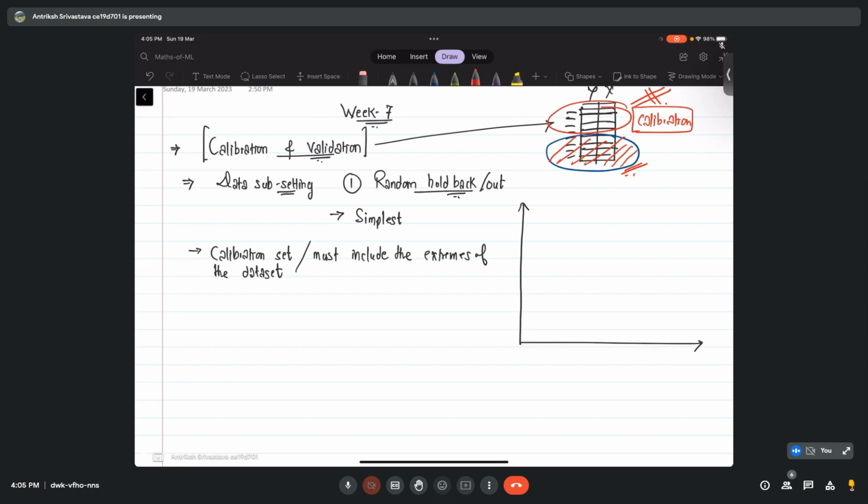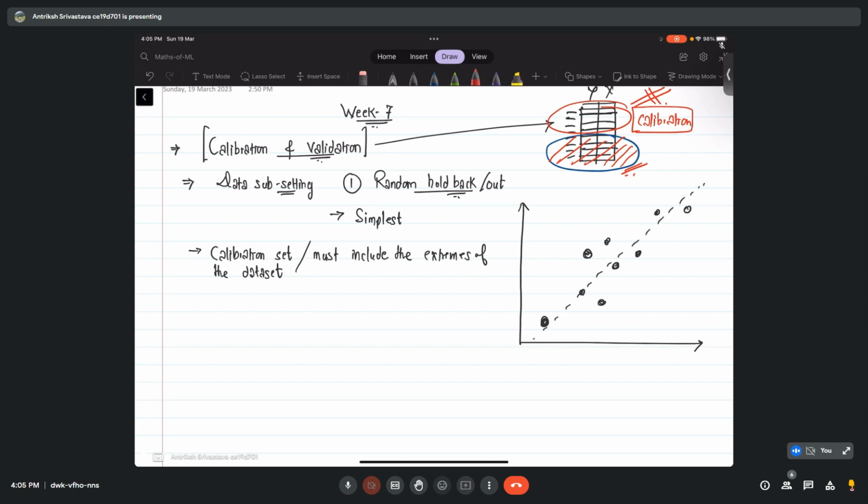So what I mean is that if you have, let's say, some points, and out of these points you want some of the points to be used as calibration to fit a line, as we have shown here.